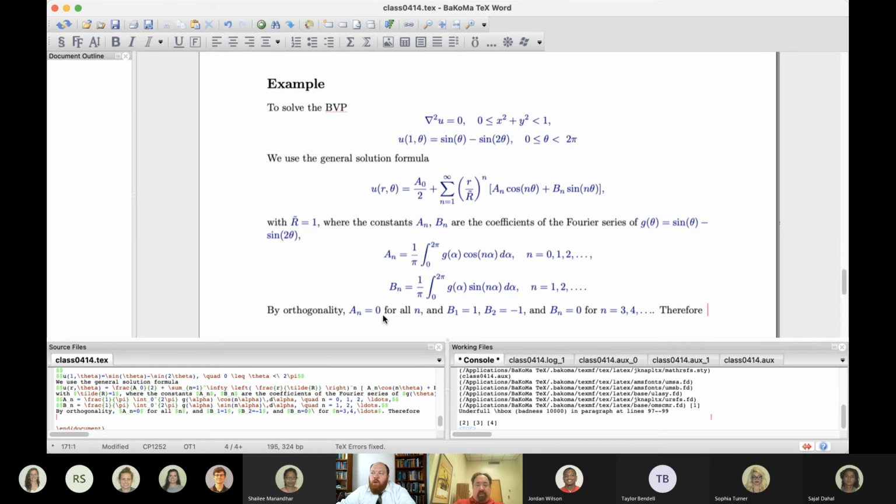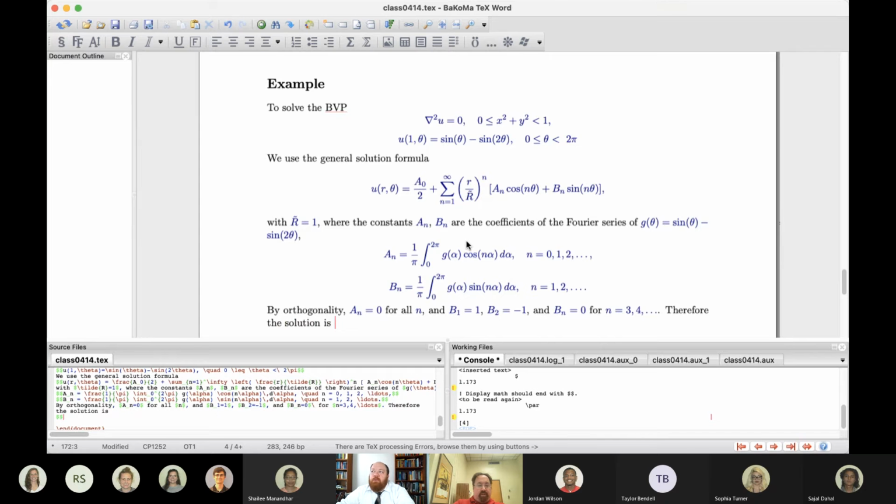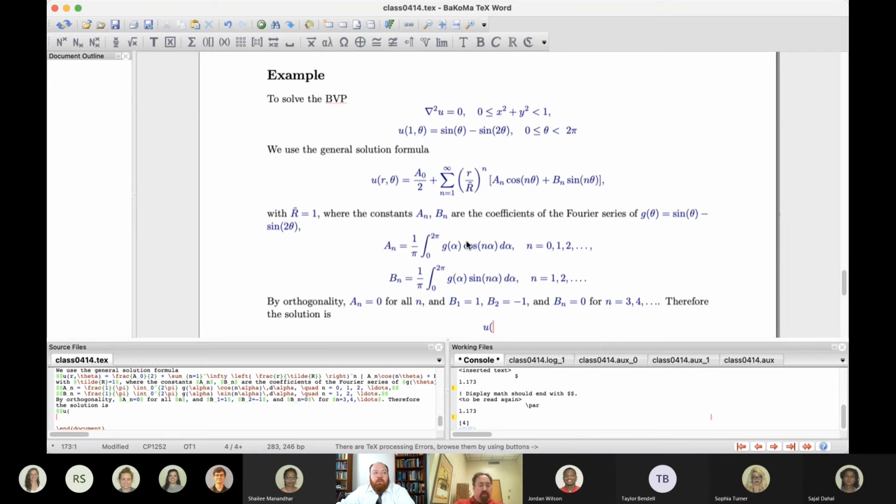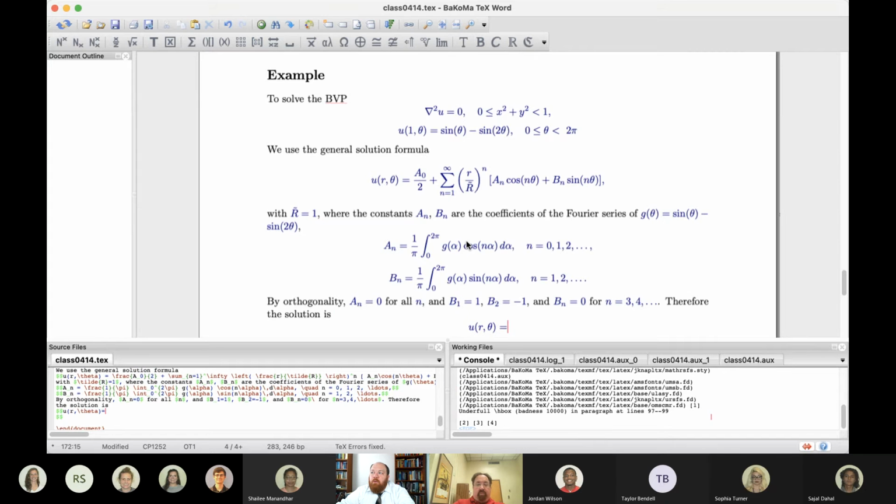So if I take into account all of this up here, our solution expressed in polar coordinates will be equal to r to the first power times a1, well, that part's 0, b1 times sine theta.